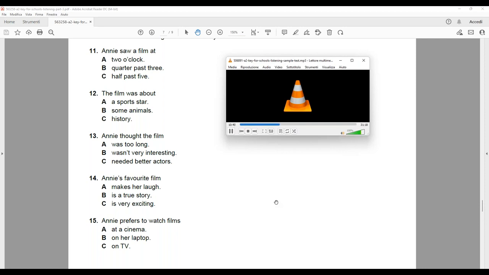You will hear Annie talking to her friend Tony about a film she saw. Annie, I tried to phone you on Saturday afternoon, but your phone was off. Sorry, Tony. I was at home all morning and in the evening. Oh, so what did you do on Saturday? I went to see a film, actually. But before that, I was at the shops for about 2 hours.